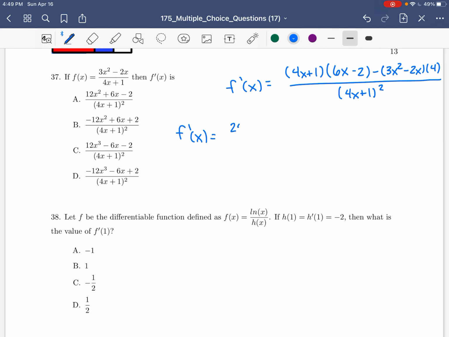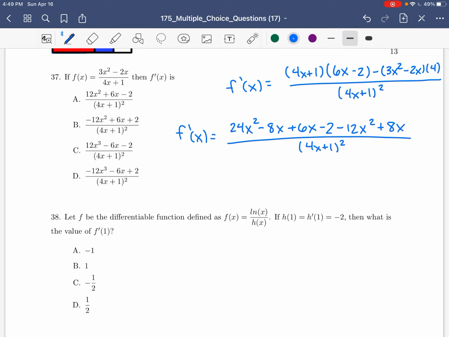So when I do that, I get 24x squared minus 8x plus 6x minus 2, minus, so I'm going to distribute that negative and multiply those together, so 12x squared plus 8x. The bottom's not going to change.